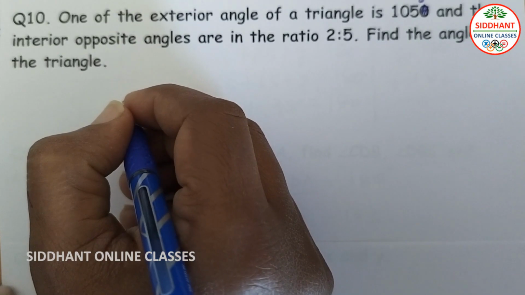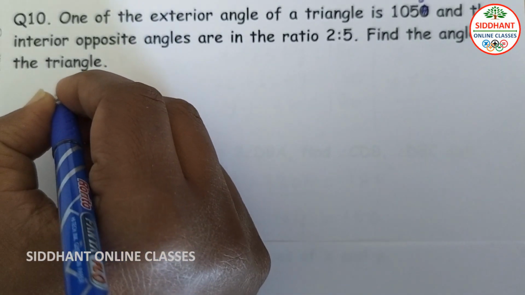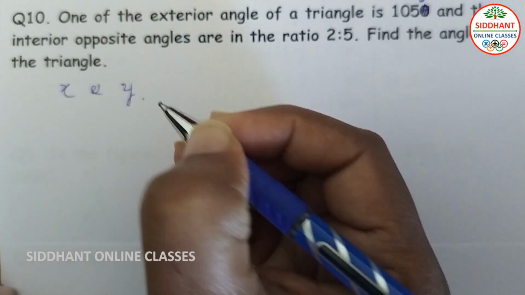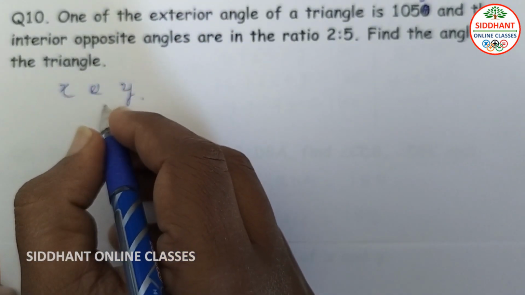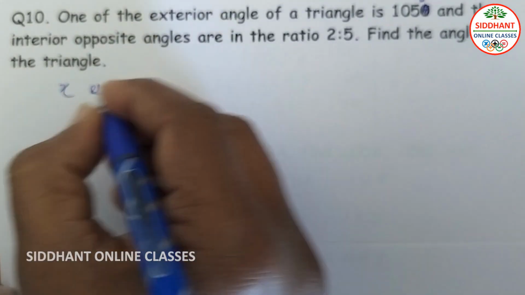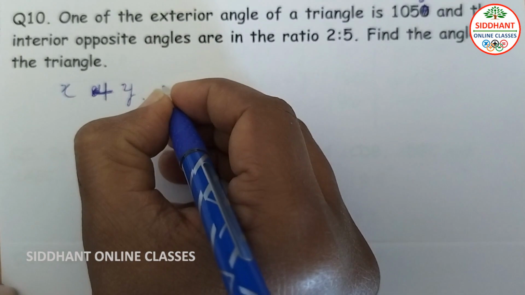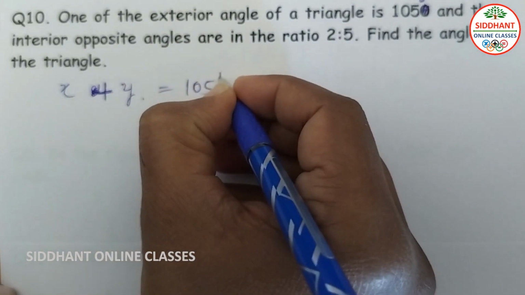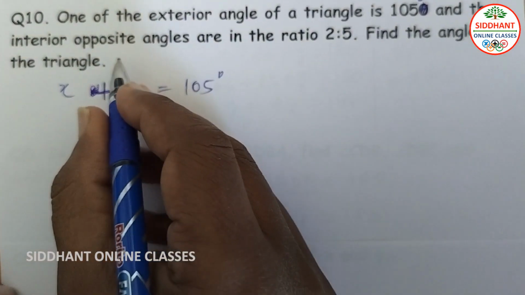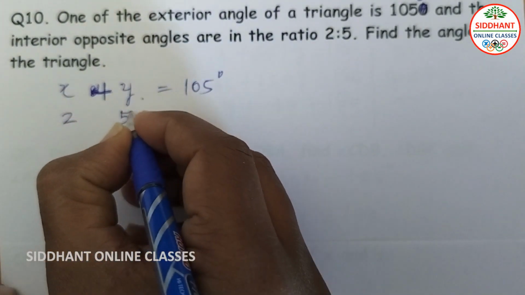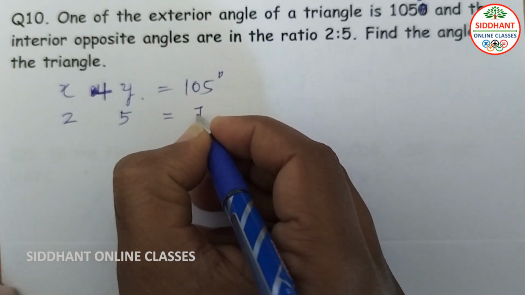Let the interior angles be x and y. So x plus y is equal to 105 degrees, and the interior opposite angles are in the ratio 2:5. The sum of the parts will be 7.